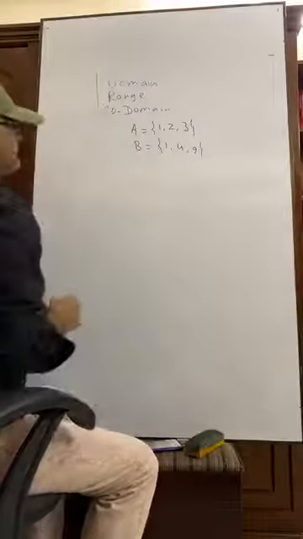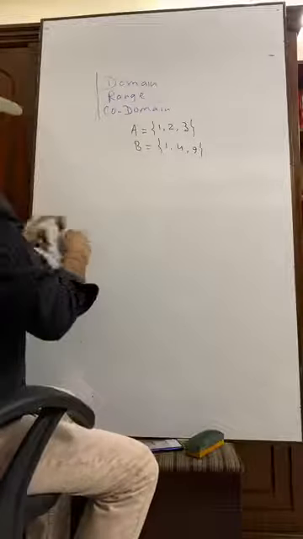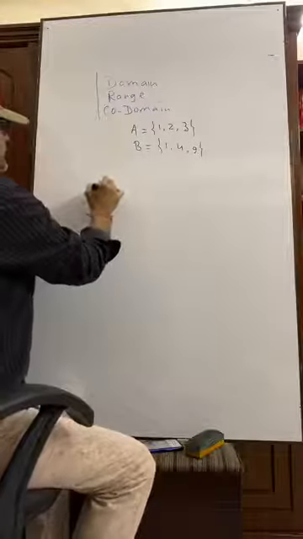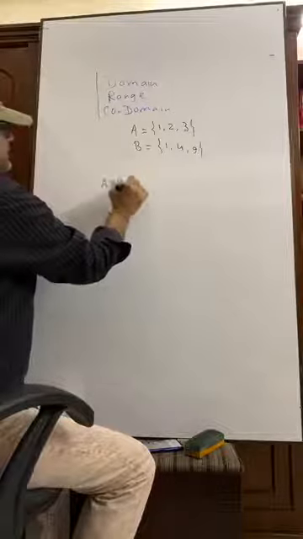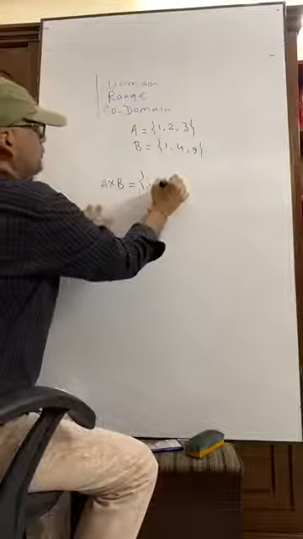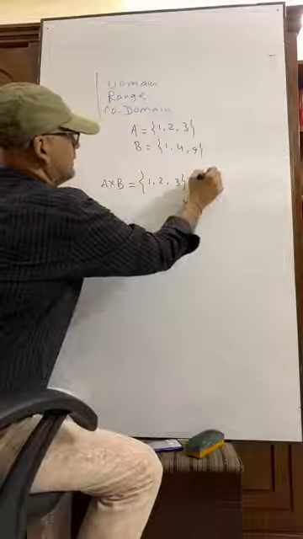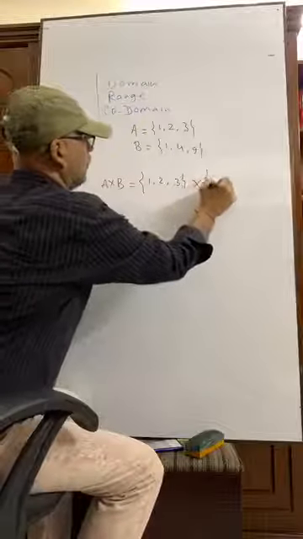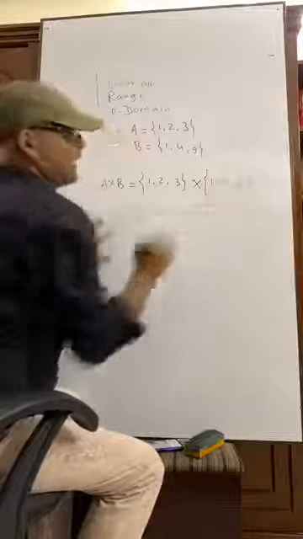Suppose we are going to write down the Cartesian product A cross B equals {1, 2, 3} cross {1, 4, 9}. Okay.